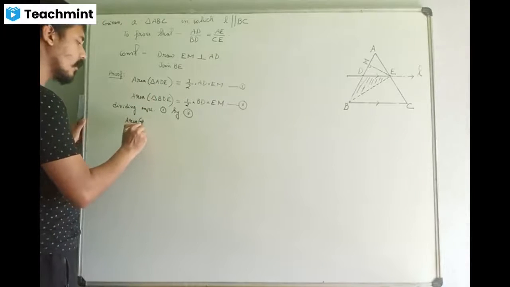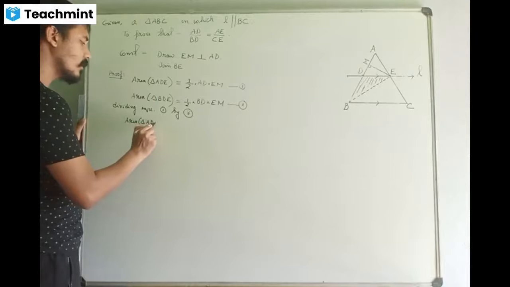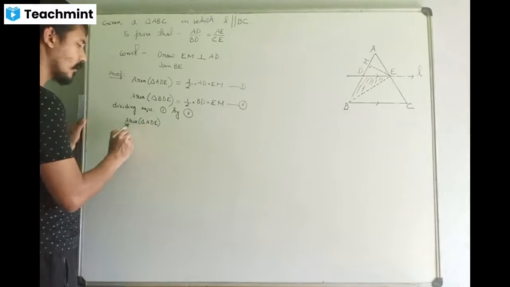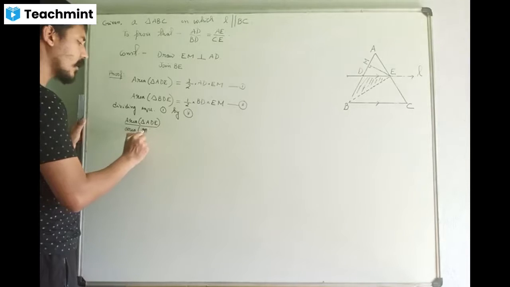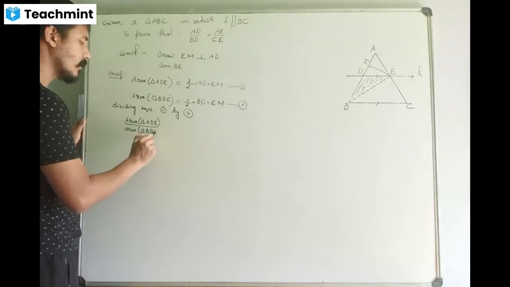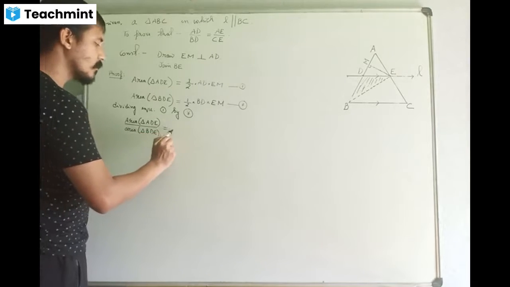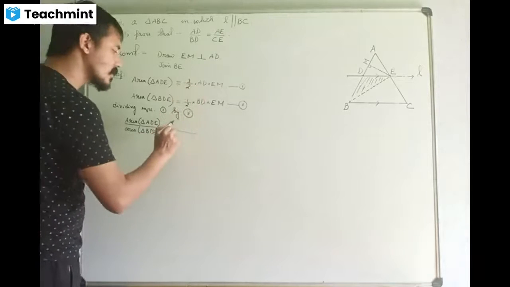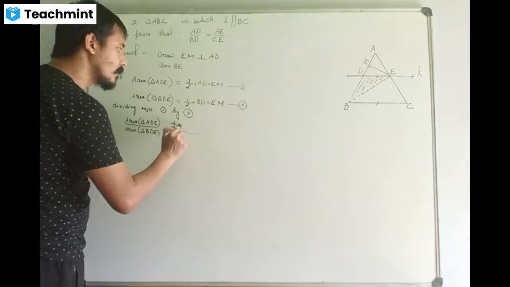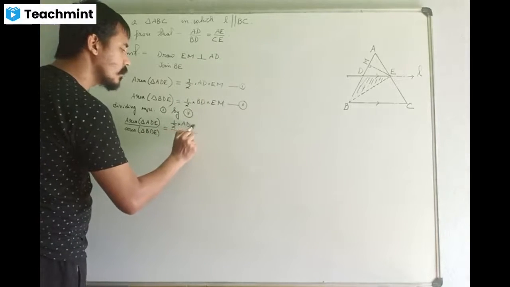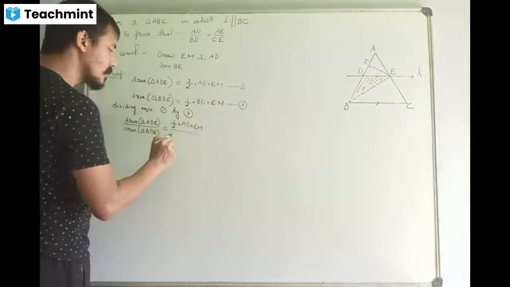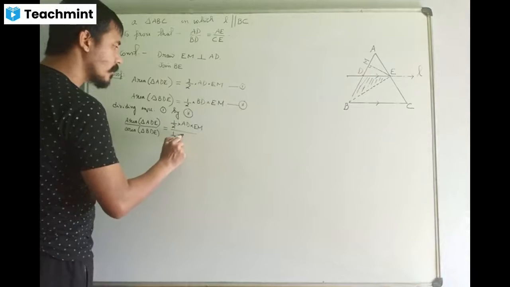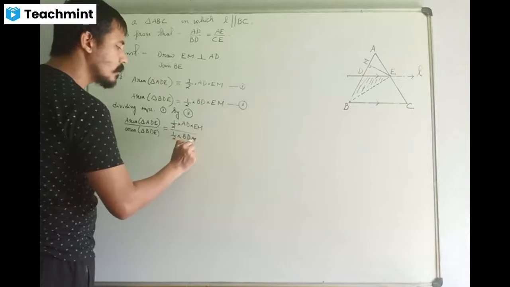So area of triangle ADE upon area of triangle BDE is equal to half into AD into EM upon half into BD into EM.